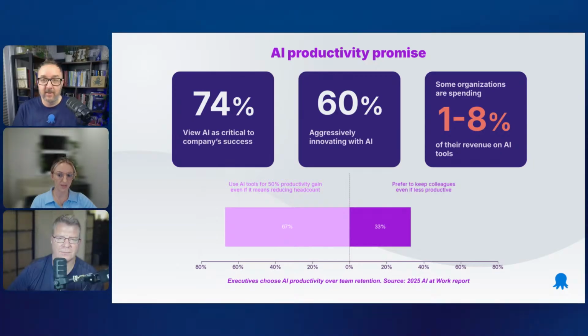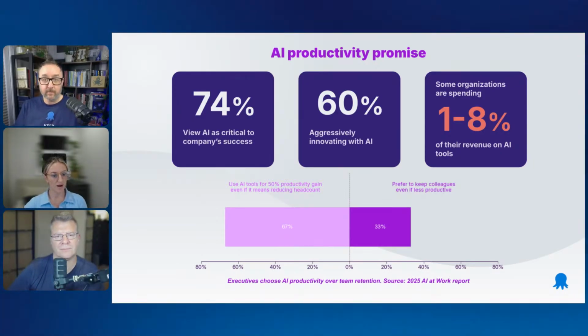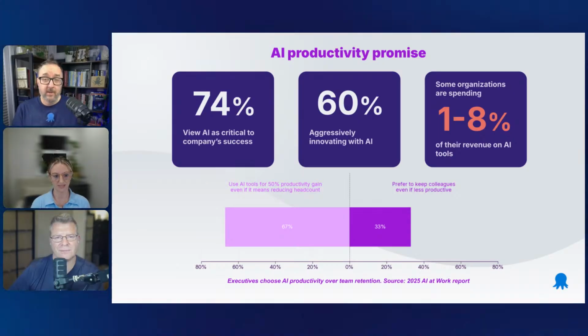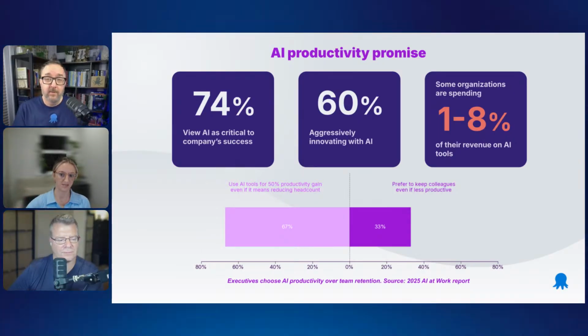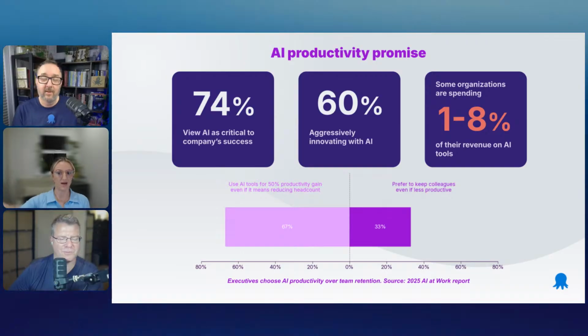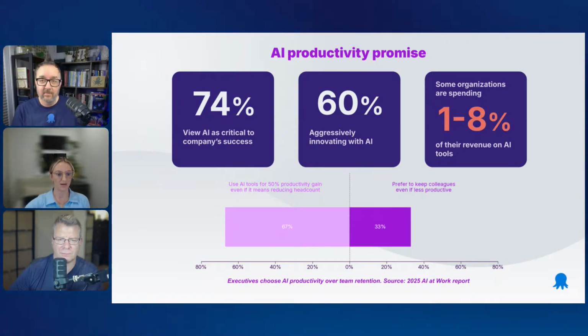That was straight from the AI at Work report, just a few stats that I pulled. It was a really interesting stat. It puts a little perspective on how we are adopting AI in our software industry.